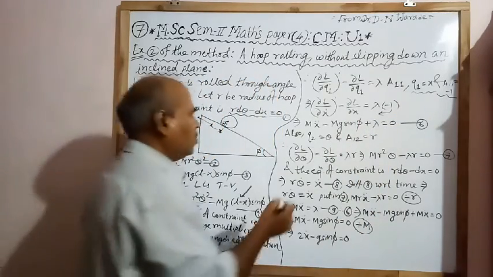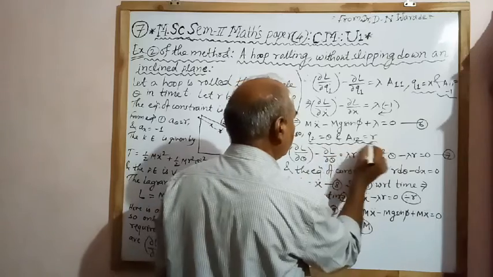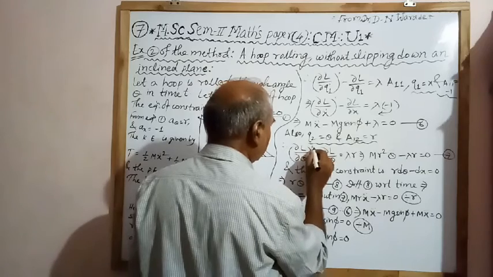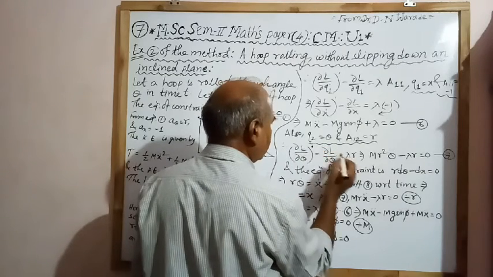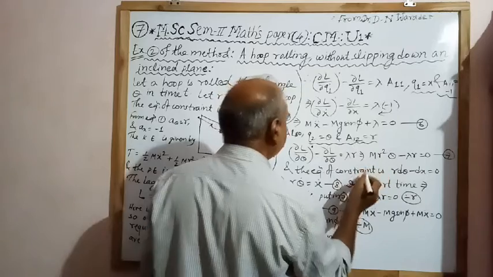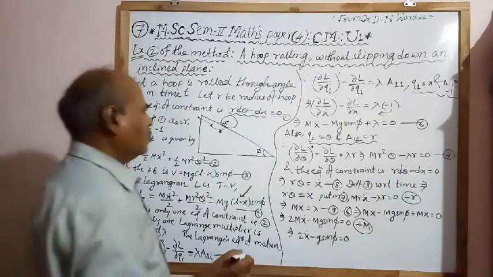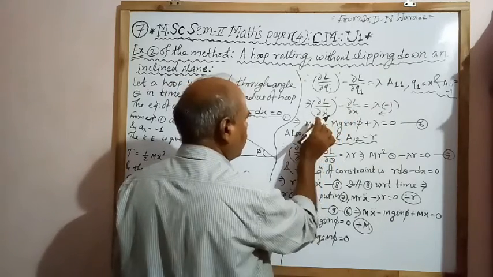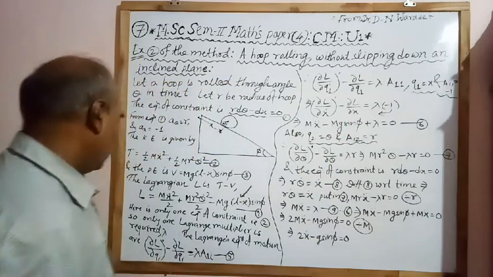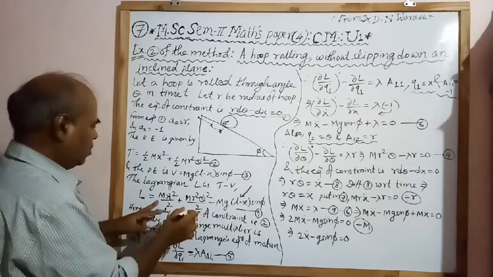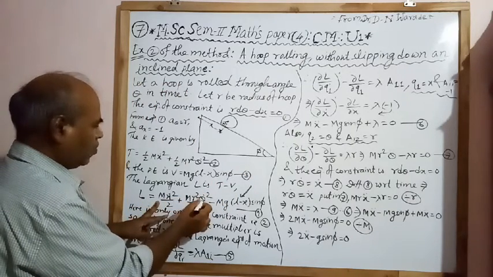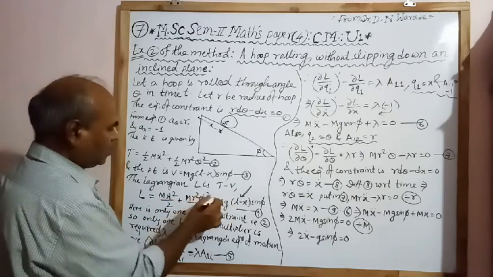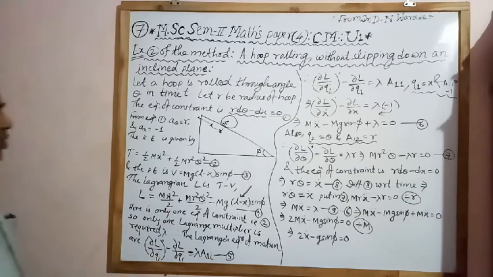Then the second equation: q2 equal to theta and a12 equal to r. Therefore, equation 5 implies d/dt of del L by del theta dot minus del L by del theta equal to lambda r. Here the dot over the bracket means a derivative, giving a second order derivative. Now the derivative of L with respect to theta dot involves only the second term; the first and third terms give 0. The derivative of theta dot square is 2 theta dot, and the 2 cancels.